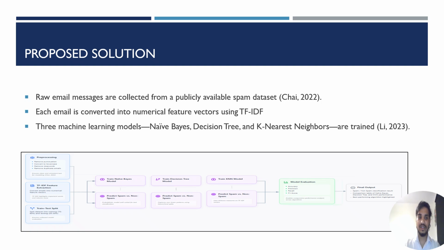These features are then processed through TF-IDF to create numerical vectors. The classification stage applies decision tree, Naive Bayes and KNN models, and finally the system outputs predictions and performance metrics.